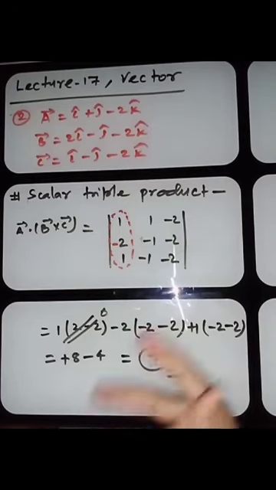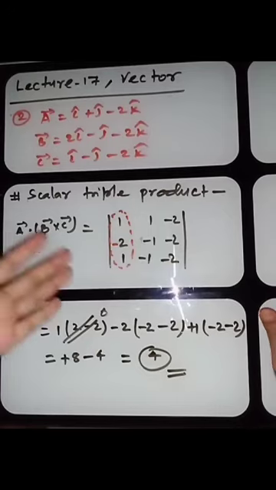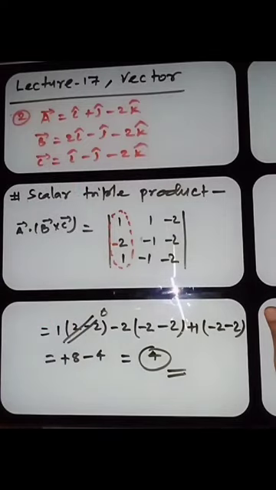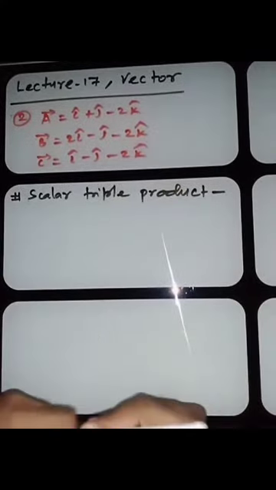Let me do one more example, my dear students, and then I'll give you a few questions for your practice. Already I have given you the number of vectors, you can do your practice using any of the vectors. But one more question of this scalar triple product.